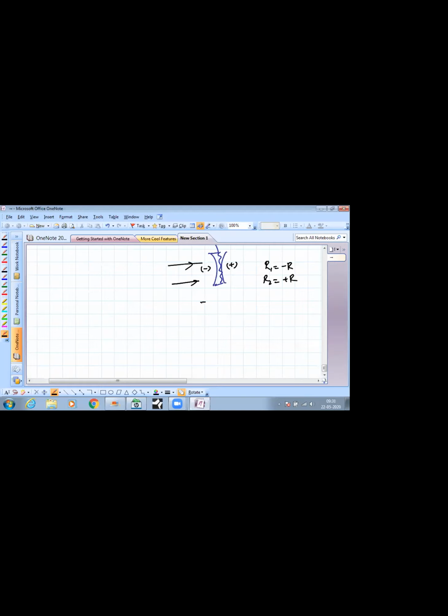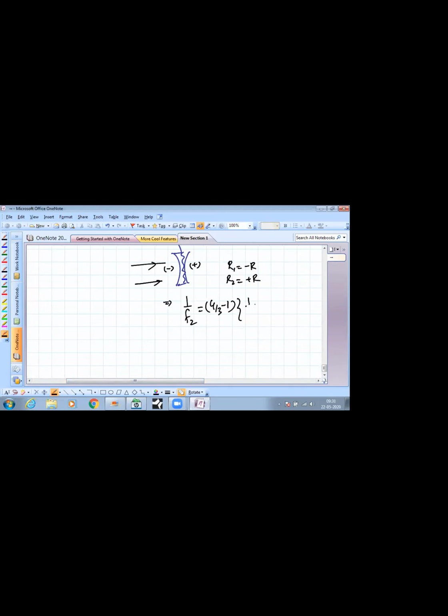So our lens maker's formula will tell us that 1 upon focal length of the water lens is 4/3 minus 1 into 1 by R1 minus 1 by R2.